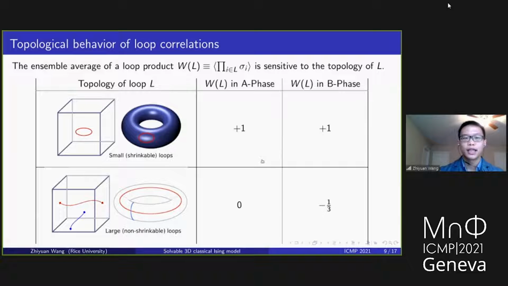So in summary, this loop product observable tells the difference between the A phase and the B phase and is sensitive to the topology of the loop.